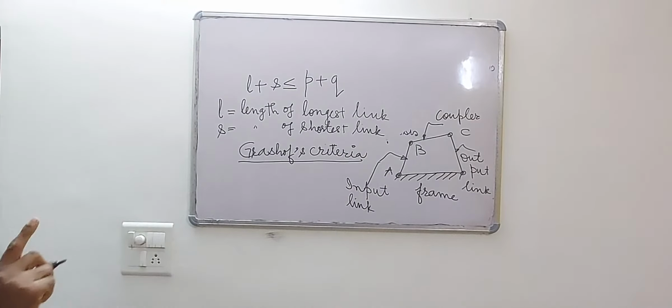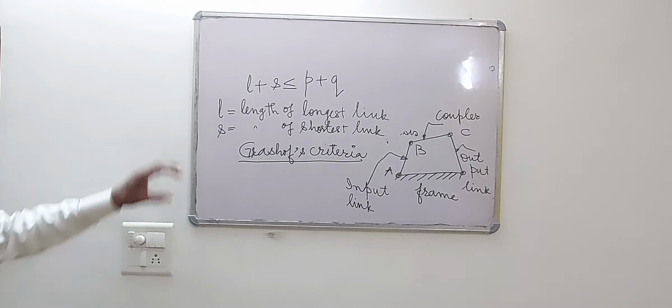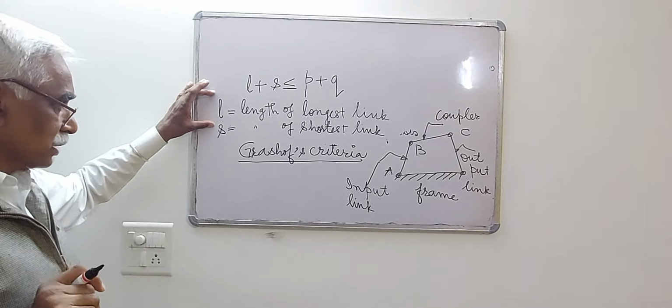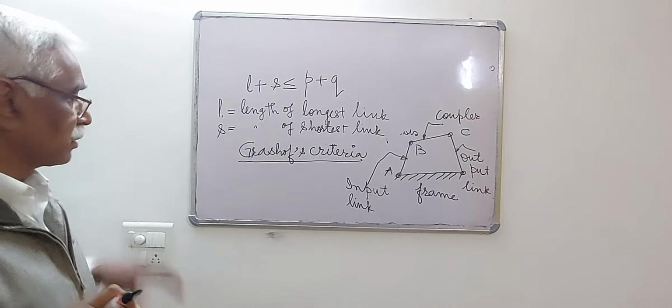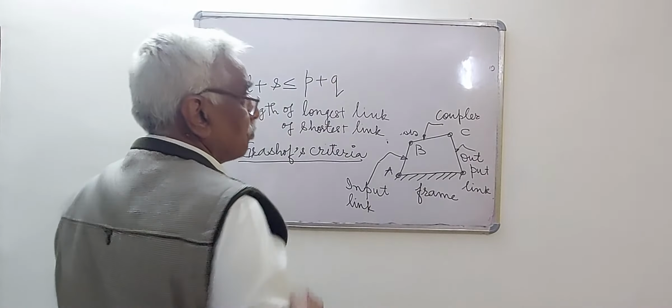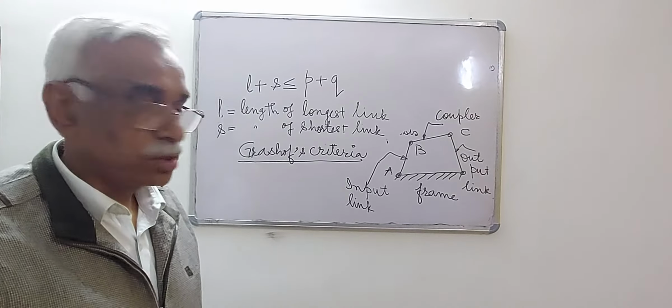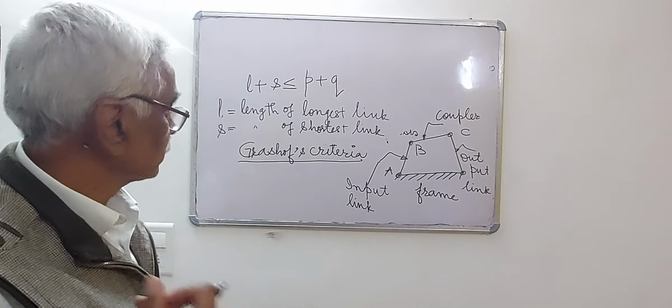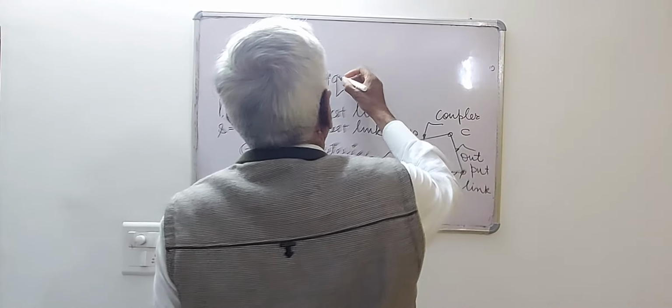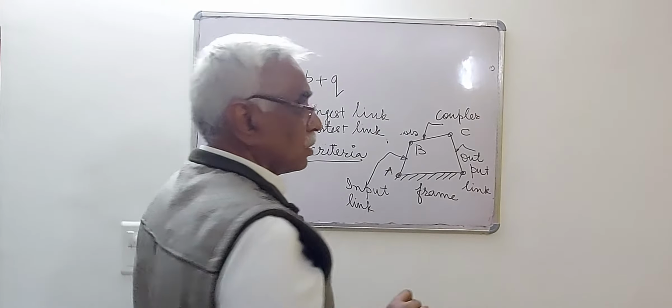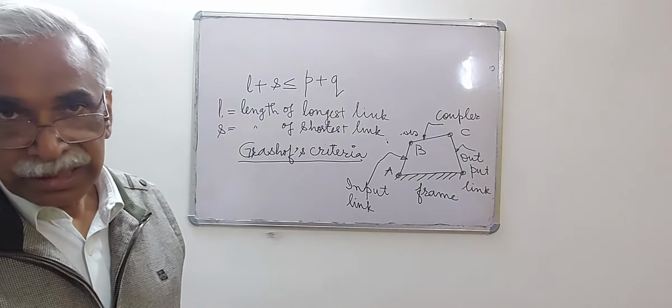L plus S is less than or equal to P plus Q according to the Grashof criteria. What are P and Q? P and Q are the lengths of the remaining two links.